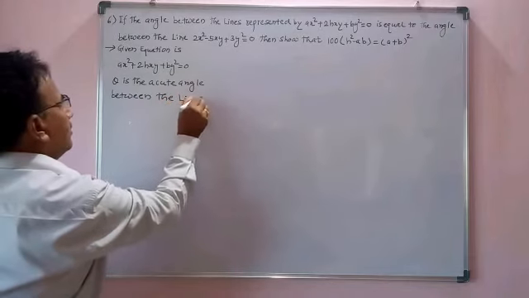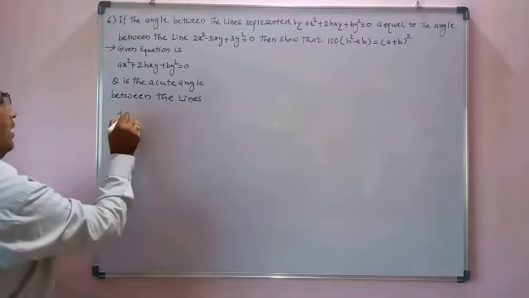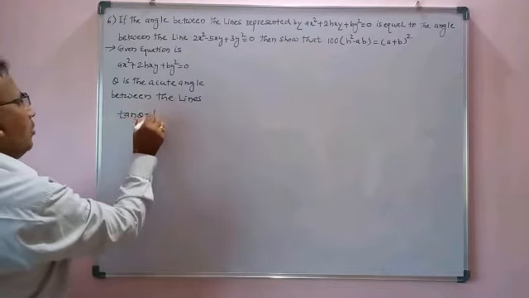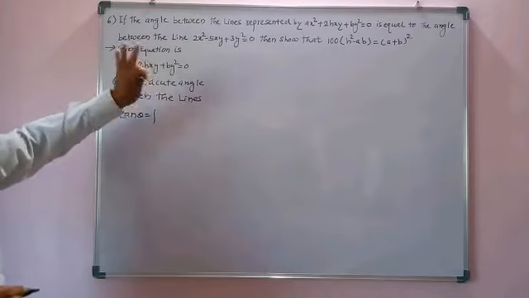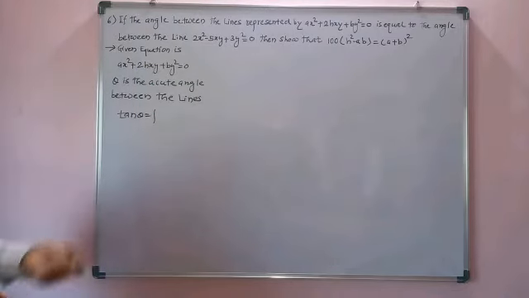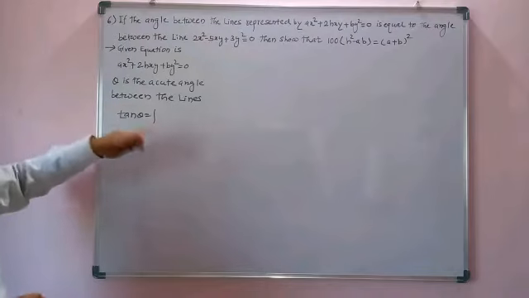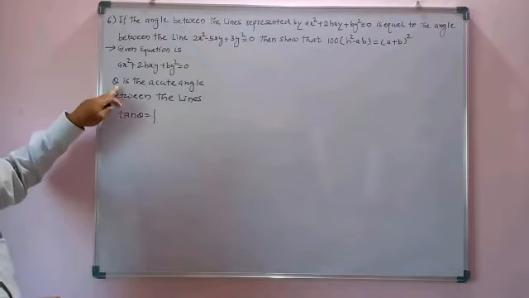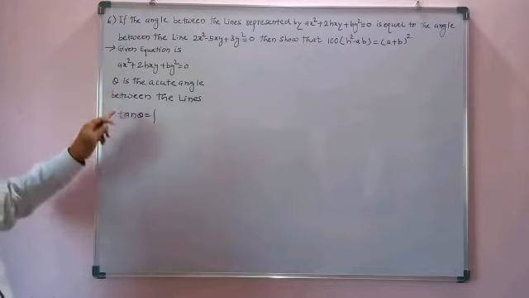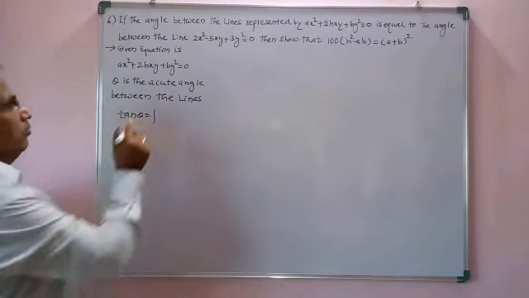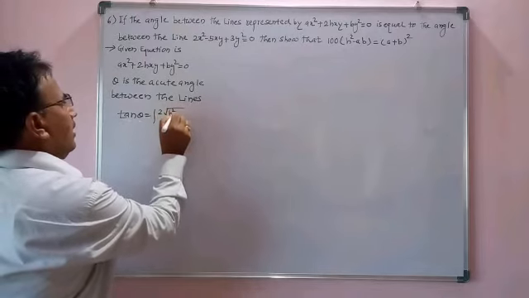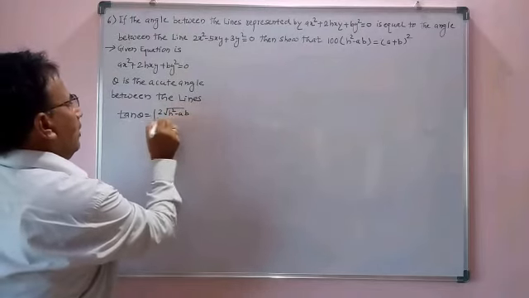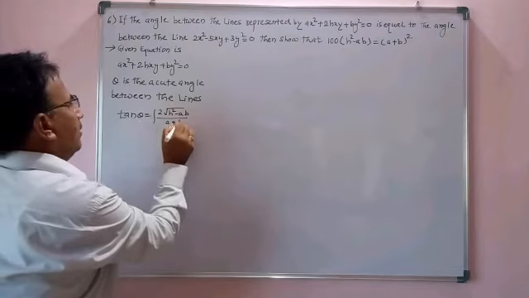Between the lines, we use the formula tan theta equal to mod of 2 into root h square minus ab divided by a plus b, for ax square plus 2hxy plus by square equal to 0, the homogeneous second degree equation in x and y.